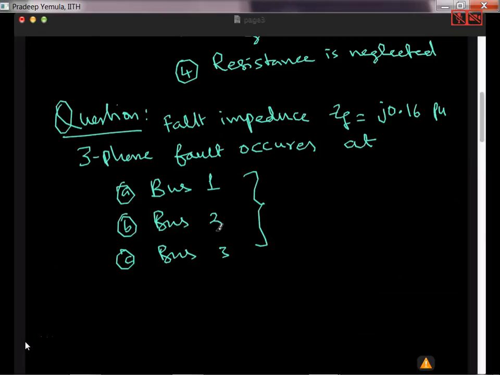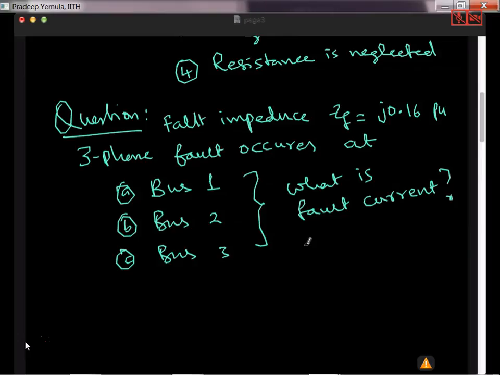Under each case, what is the fault current? If there is a fault at bus 1, what is the fault current? Separately, if there is a fault at bus 2, what is the fault current? And similarly, fault at bus 3, what is the fault current? So this is the question.